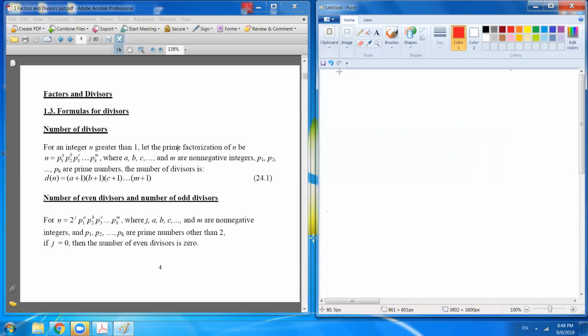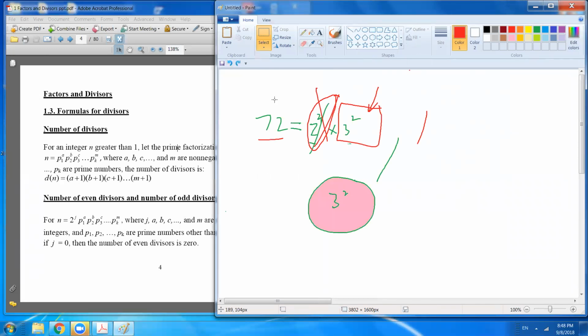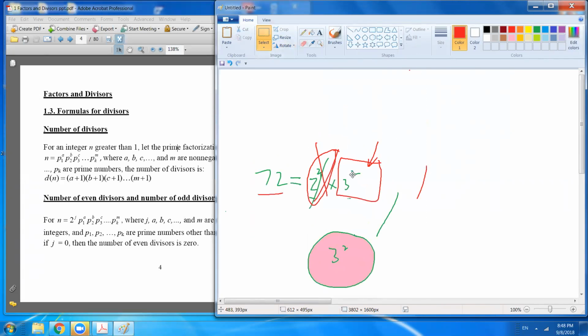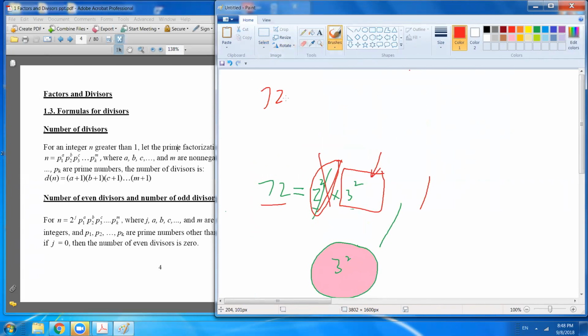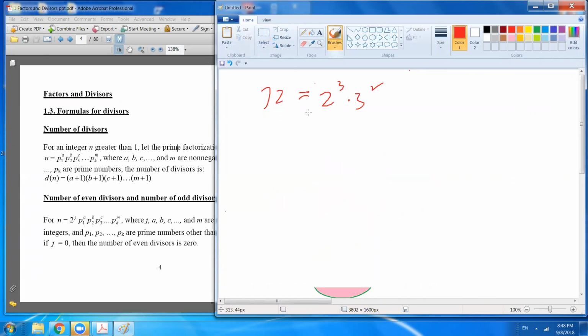Okay. Now, we still use this 72 as an example. 72 equals 2 power 3 times 3 power 2. And this is another question.